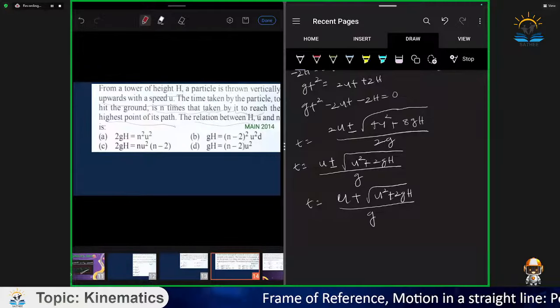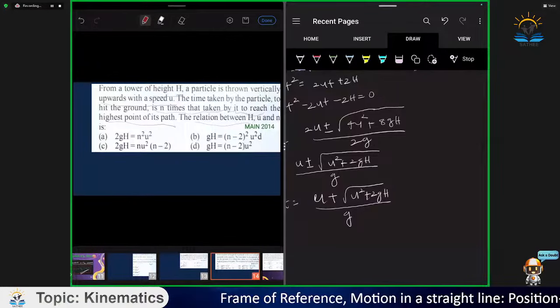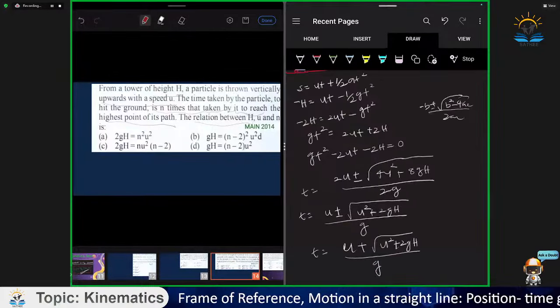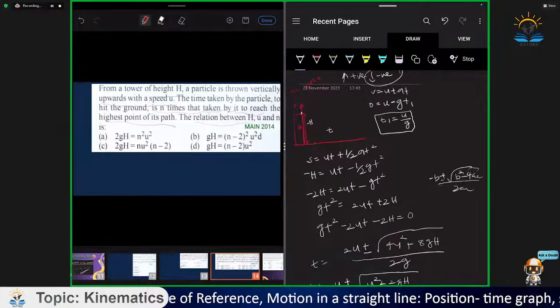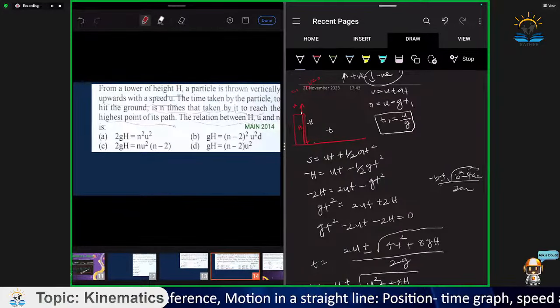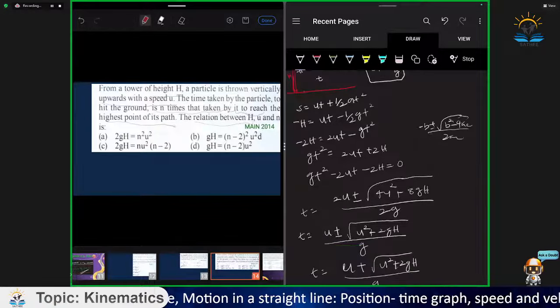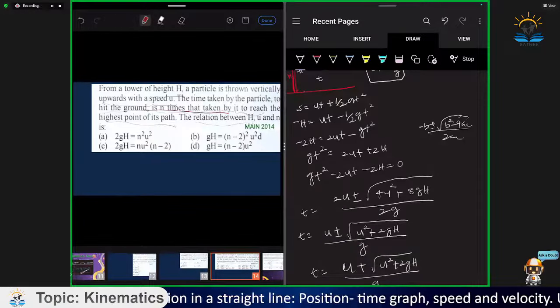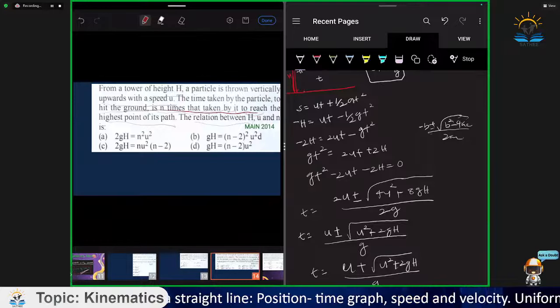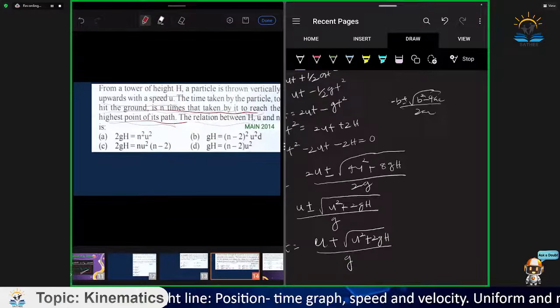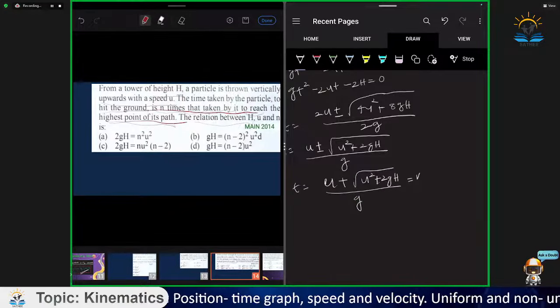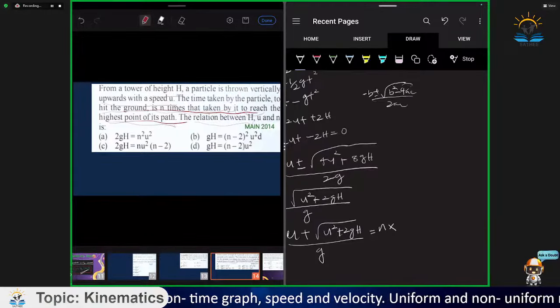And this time t is the total time taken from the starting point to hit the ground. So we know that the time taken by the particle to hit the ground is n times the time taken by it to reach the highest point, that is t1. So we can equate t equal to n into t1. t1 is u by g.